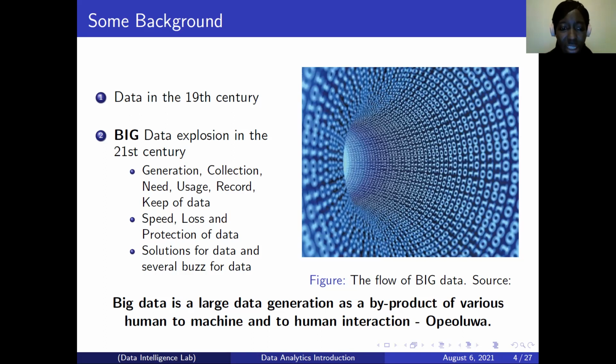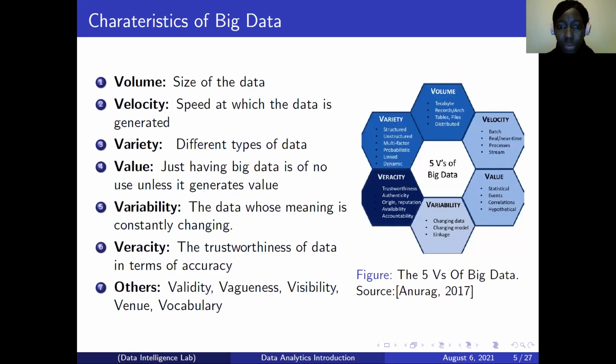So I would say that big data is a large generation of data as a byproduct of various human to machine and human interaction. So big data is not just a buzzword, but a concept which is the reality of the 21st century. It's the reality of the world we live in now, because data is accumulating and not getting easily destroyed, and there are bigger and bigger storage for data as you go on.